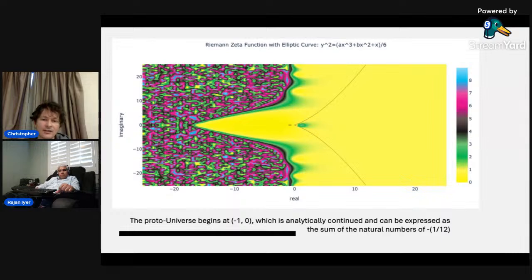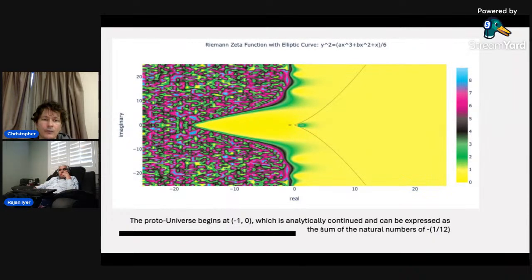So that suggests that there's a relationship between this infinite sum and -1/12 and the beginning of the proto-universe, which is why we can make the assertion that maybe the proto-universe began at infinity, it is infinite, and so it always exists, and that's perfectly in line with what we're talking about here.